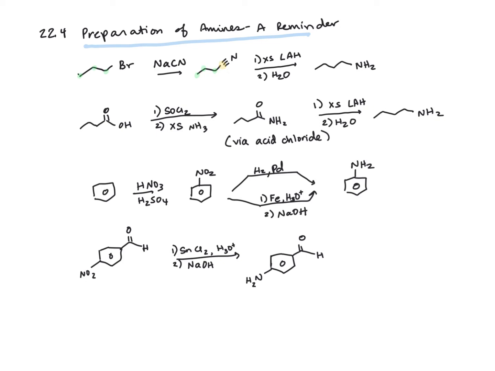And then in the next step, excess ammonia is used to turn this into an amide. In the next step, we use lithium aluminum hydride to reduce that amide to the primary amine.